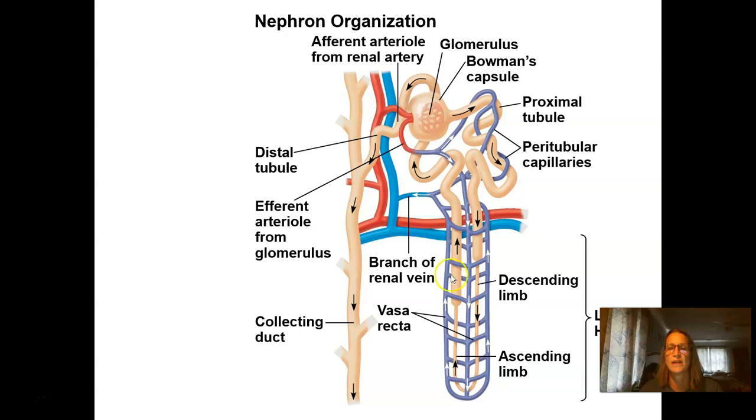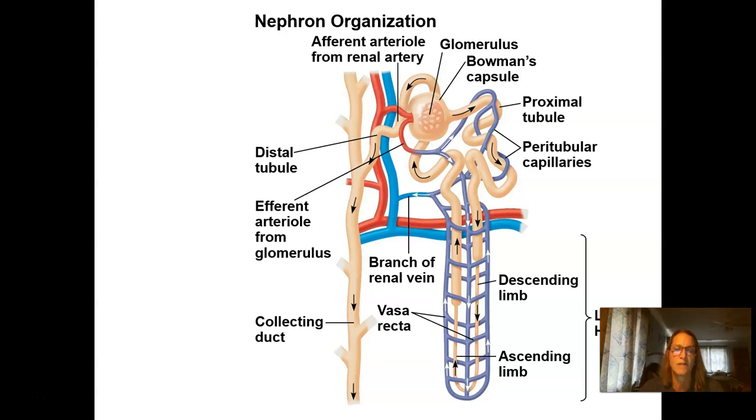Meanwhile, the filtrate that has been sent through these tubes, with a lot of the material being reclaimed, is going to be excreted out through this collecting duct right here. The collecting duct goes into the renal pelvis, where urine is collected.